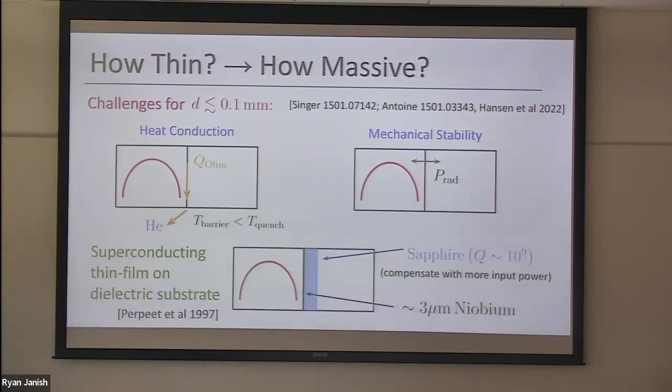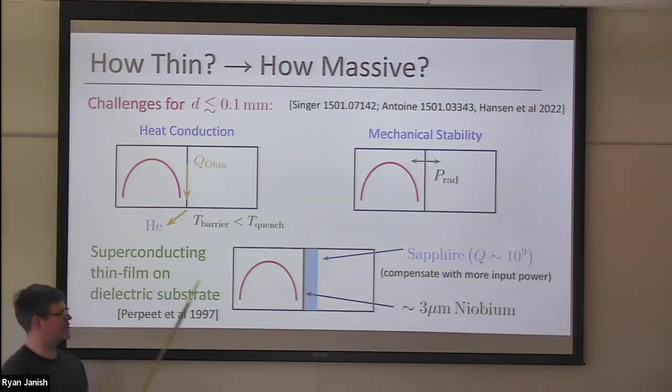So one basic solution to both of these is that these are not really concerns for medium-sized barriers of order 0.1 millimeter or so, which still gives us an interesting experiment. But if we want to push to the fundamental limit, we need to solve these problems. One approach is to add a substrate here. The idea is to make the barrier mechanically and thermally thick, but not electrically thick.